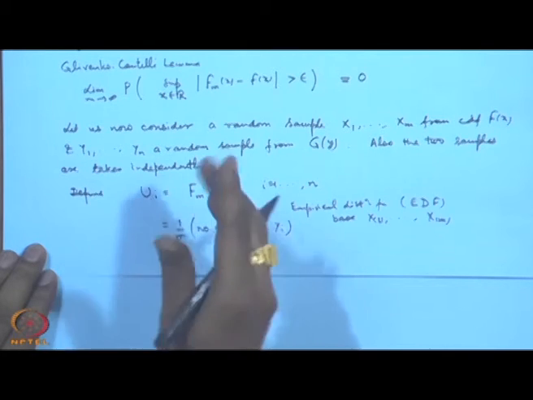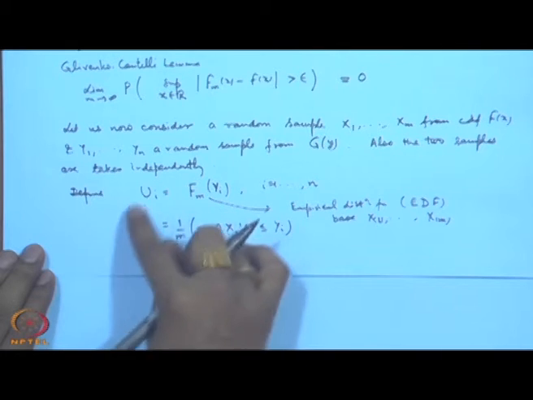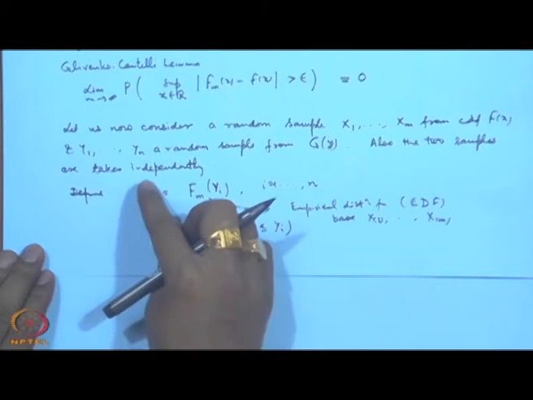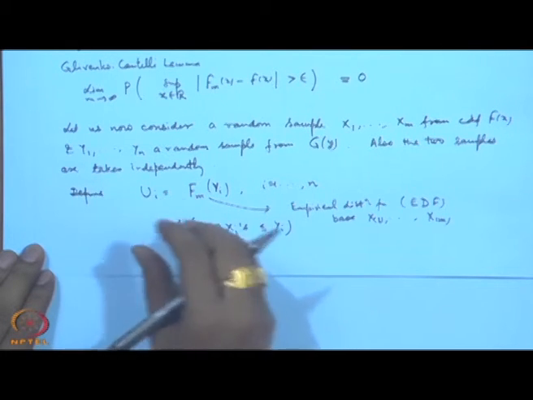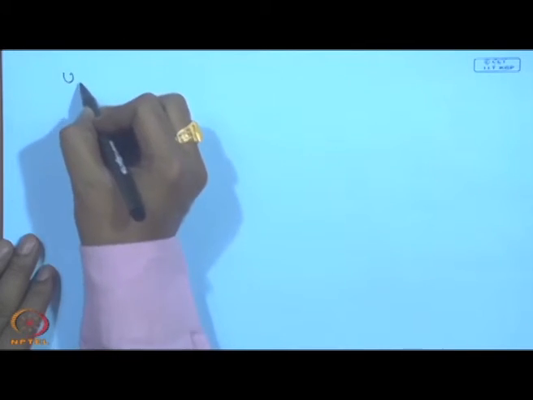So, these U_i's are different from that. The X_i's were having CDF capital F, so F(X1), F(X2), ..., F(Xn) was a random sample from uniform 0,1, the continuous distribution. Now, these U_i's I am defining based on the empirical distribution function. The name U_i is the same, but this has some significance that will be clear a little later. So, if I consider U_i as 1 by m times the number of X_j's less than or equal to Y_i, then what will be U_(i)?